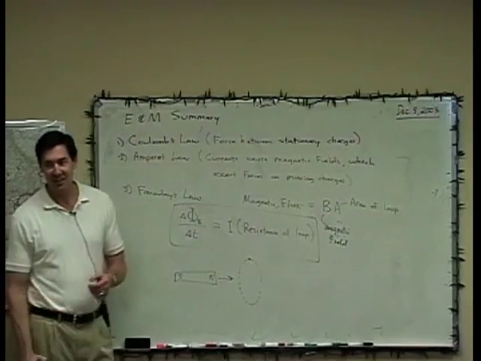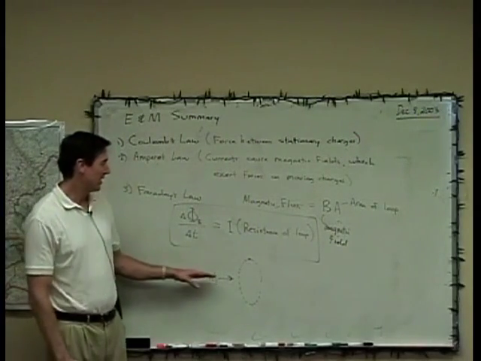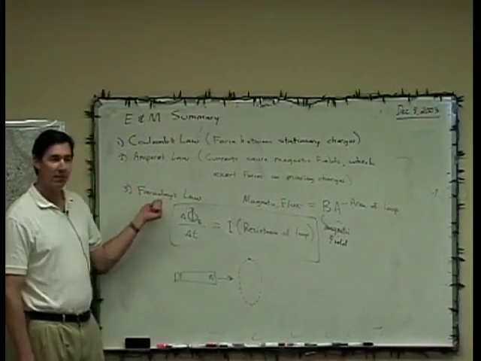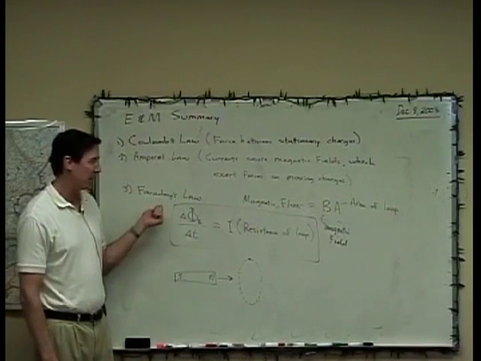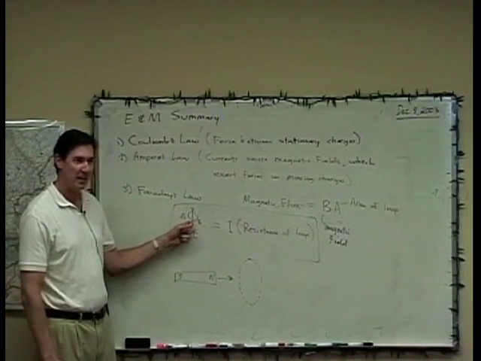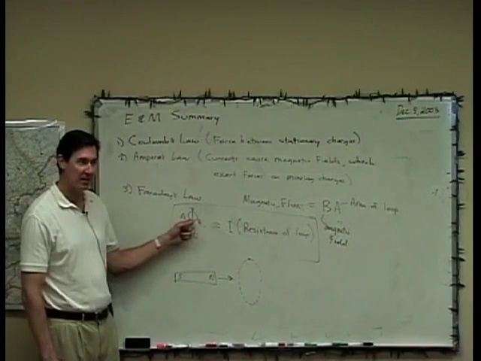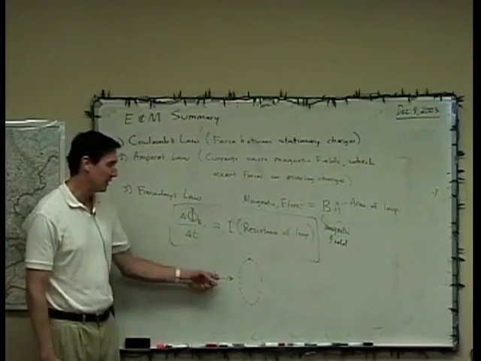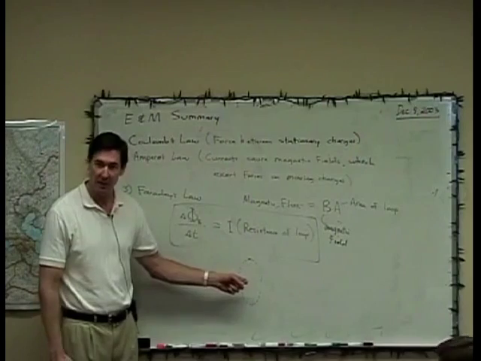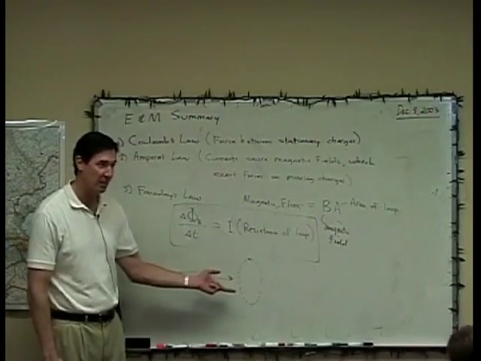Yeah, it has to keep changing. Remember that this whole Faraday effect that we're talking about depends on the magnetic flux changing. It can't just be there. So you have to be moving the magnet in order for this to happen.